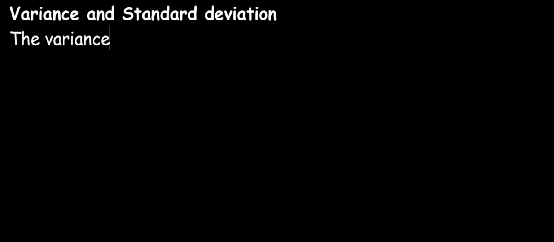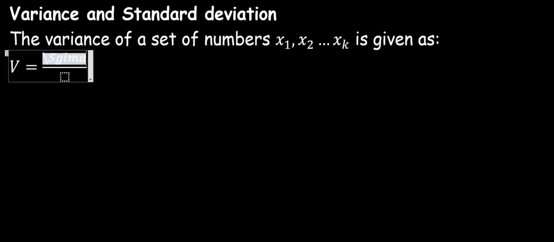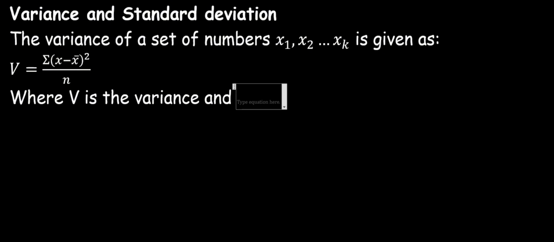Next, we treat another subheading: variance and standard deviation. The variance of a set of numbers x1, x2, and on up to xn is given as V equals the summation of (x minus x bar) squared, divided by n, where V is the variance and (x minus x bar) squared is the square of the deviation from the mean.